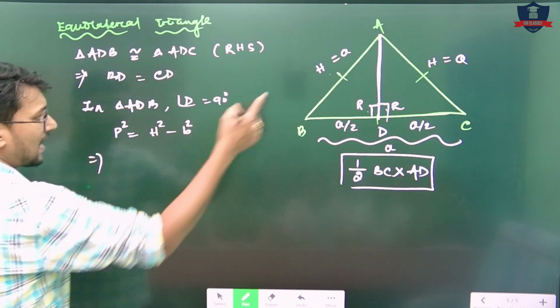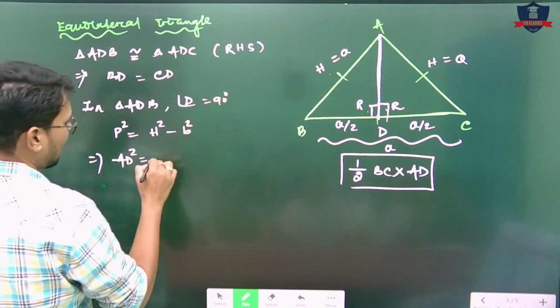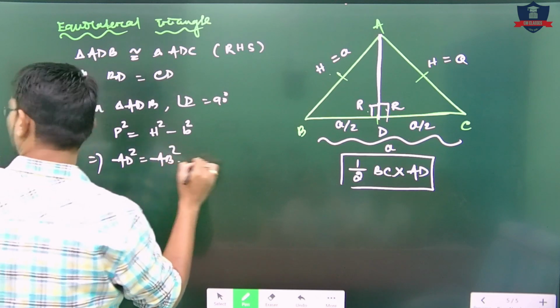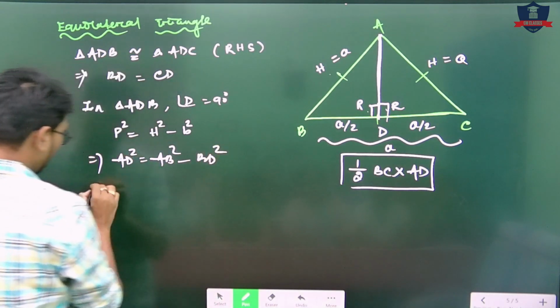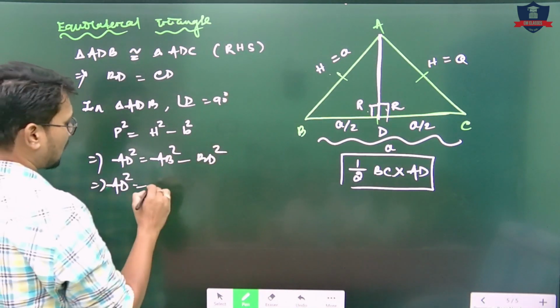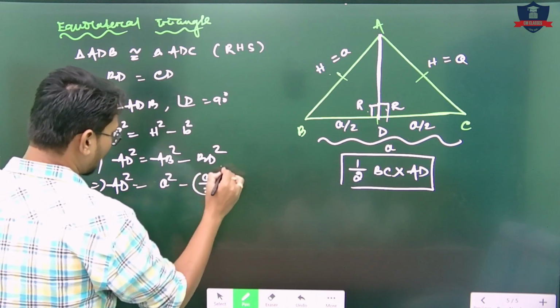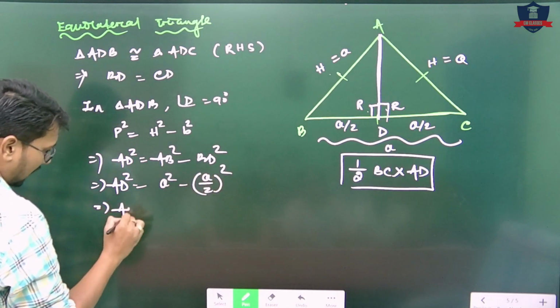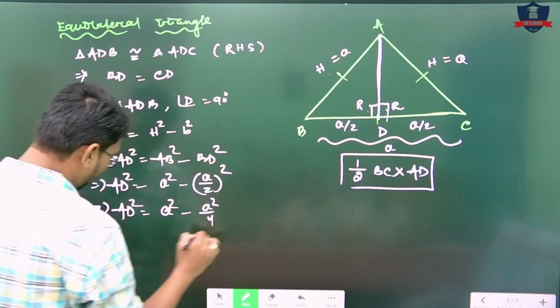But what is P here? AD square equals H square, which is AB square, minus how much? BD square, right? So therefore AD square equals AB square. What is the value of AB? A square minus A by 2 whole square. So AD square equals A square minus A square by 4.